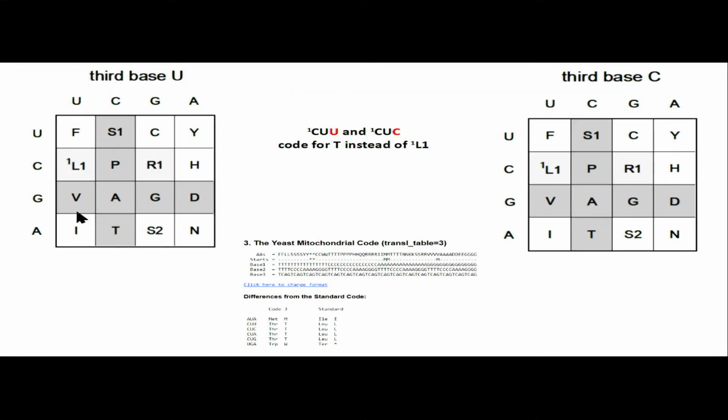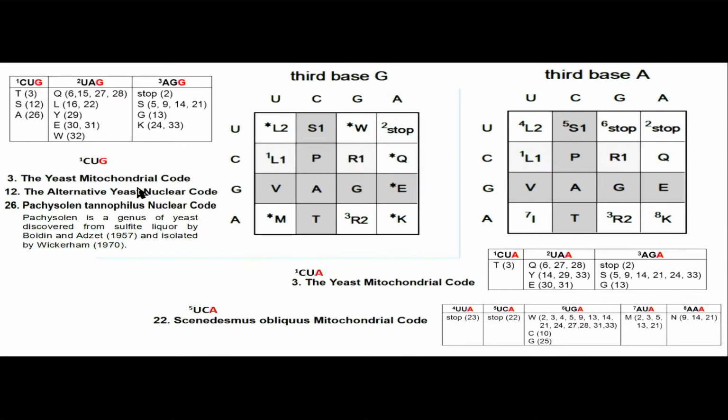And for U and C, nothing happens, except one anomalous, exceptional code in specific yeast mitochondria, but it's the only exception for leucine. The other part remained practically intact.